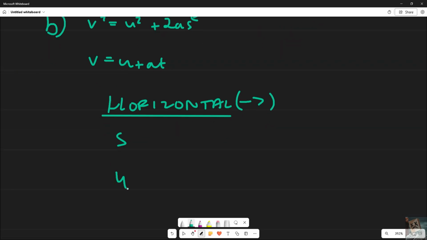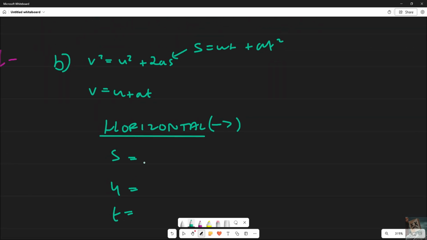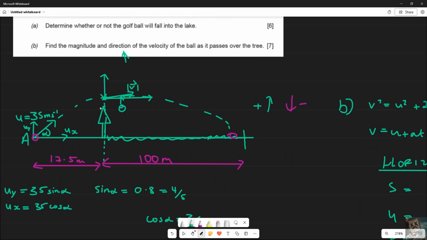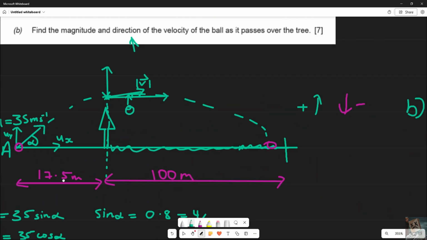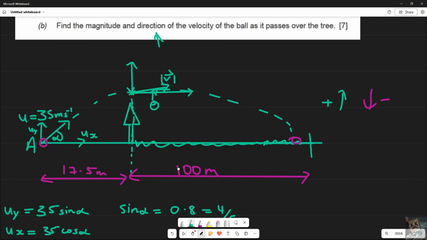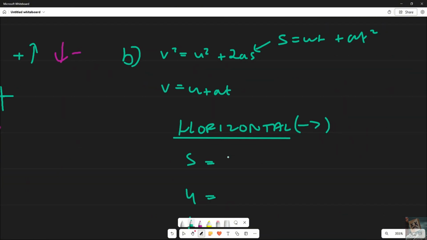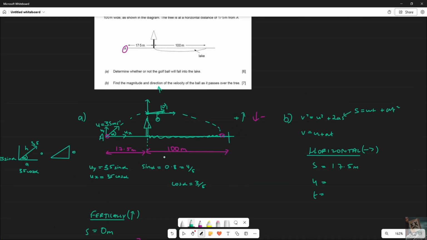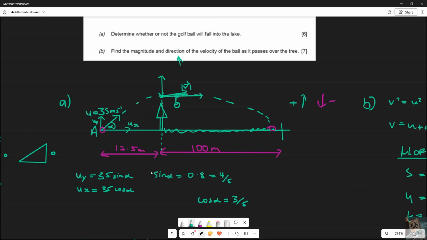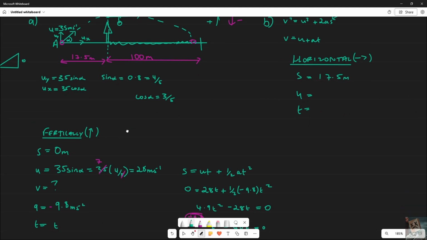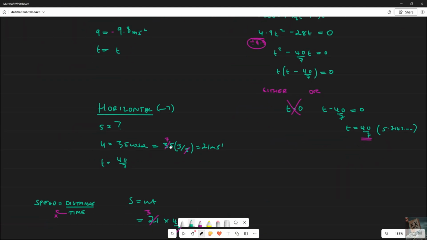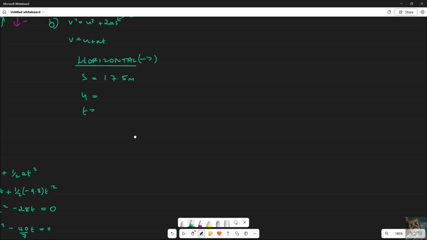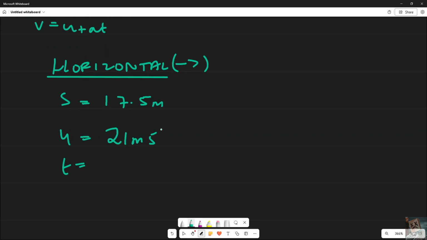So we've got s, u, and t. s, when it gets to this, it's going to be at this point, and the tree is 17.5 meters from the origin, or from A, horizontally. So this would be 17.5 meters. And u will be the same throughout if it's horizontally, which is 35 cos alpha, which we saw was 21 meters per second.